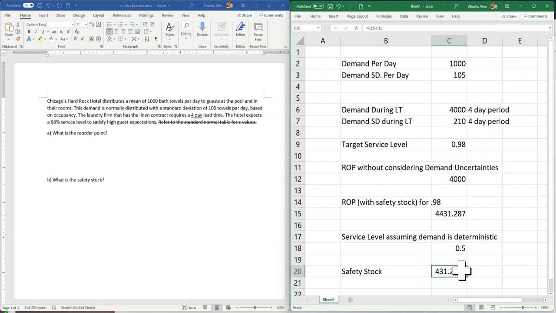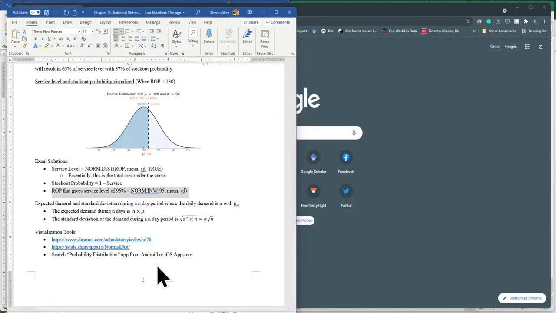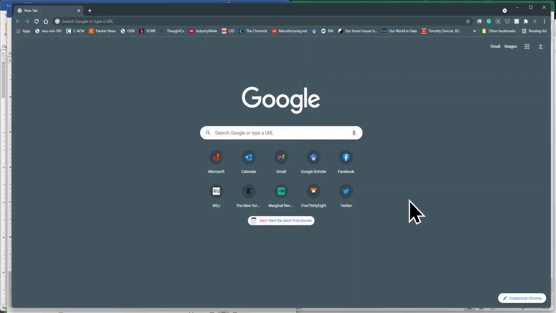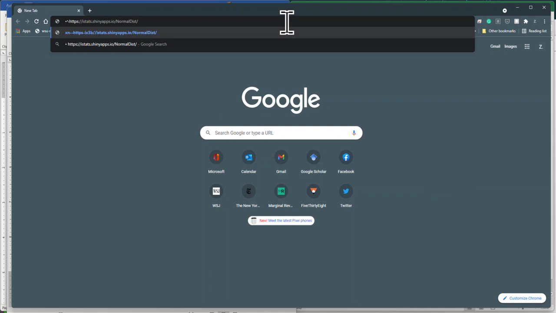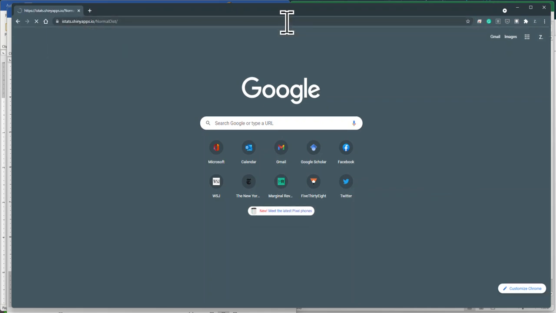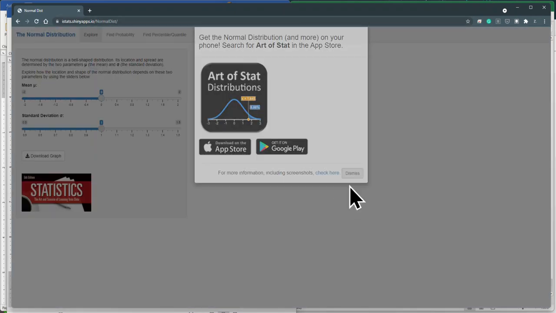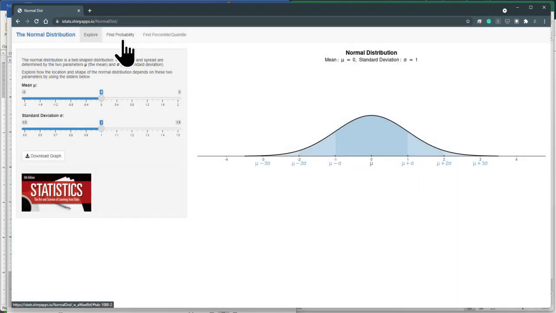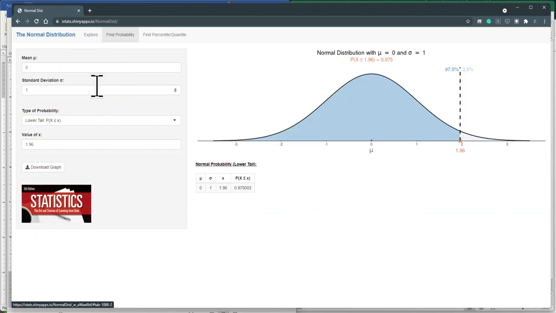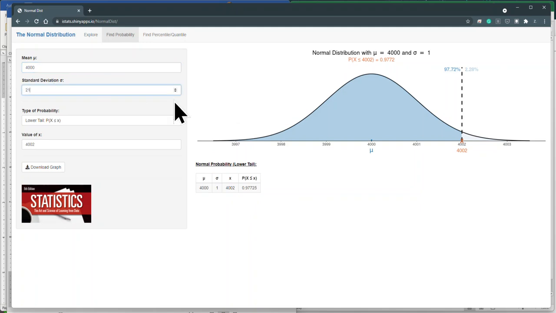I'll visualize it before I finish. If you look at the tools that I provided in your lecture note, it's always a good idea to visualize the distribution before you engage with it. So find probability. Your mean was 4,000 and standard deviation was 210.